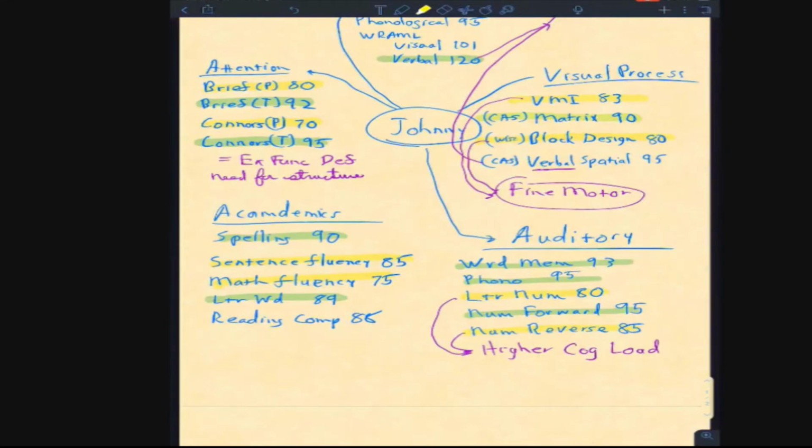So typically, when I see fluency scores that are low, like these are, I'm thinking homework.